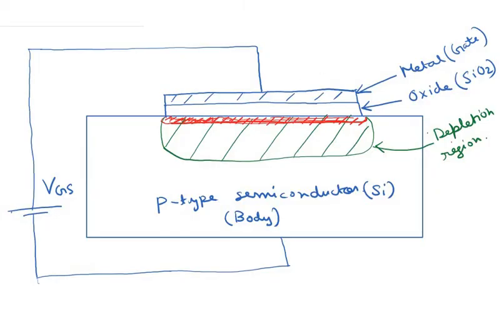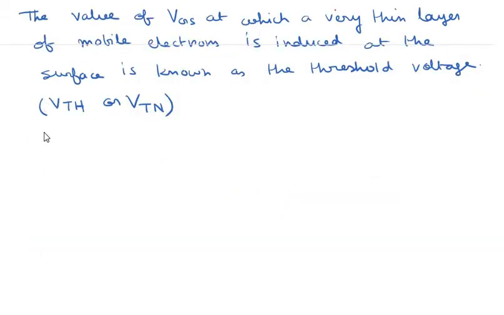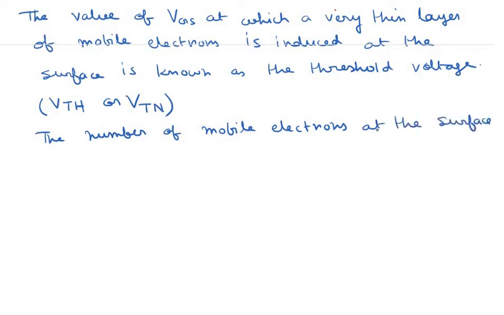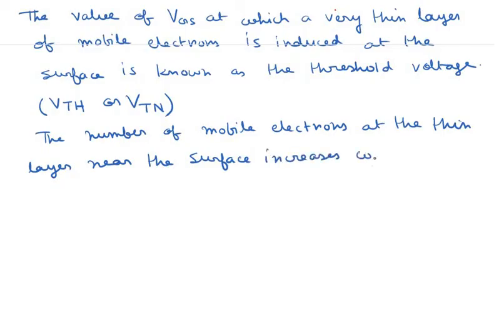So the number of mobile electrons at the surface, in the thin layer near the surface, increases when VGS is increased beyond VTH.